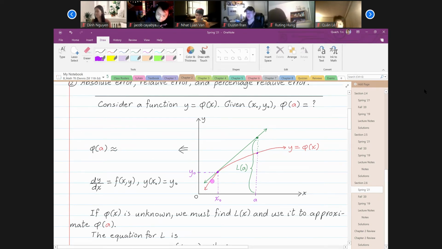Okay, so here is the solution curve. So if I ask you, what is the y value of the function y when x is a? You already know what the function is. You just plug a in here and find out, right? Graphically, that y value, when you plug in a into the function, is phi of a right there.